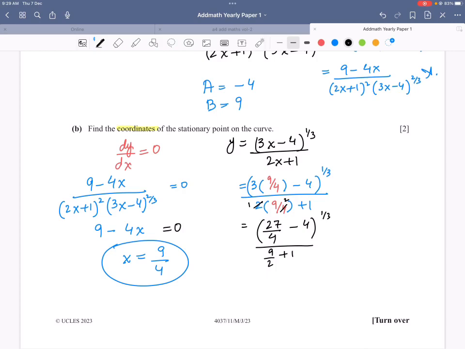Alright? No, I just forgot the power 1 upon 3. So 11 upon 4 to the power 1 upon 3, and then divided by 9 over 2 plus 1.